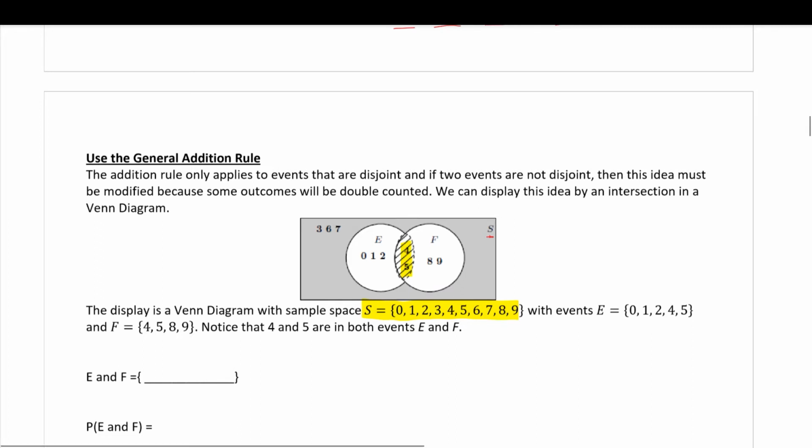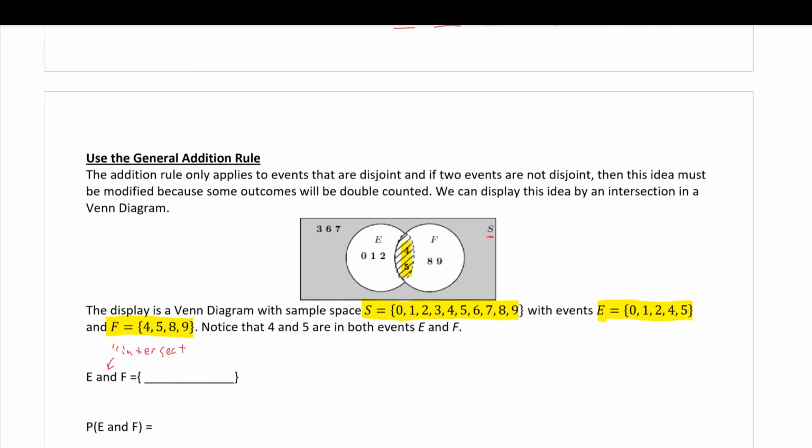So again, event E would be 0, 1, 2, also 4, 5. Event F would be 8, 9, also 4, 5. Notice that 4, 5 are in both E and F. So let's define this set of E and F. Anytime you see that word "and," you want to think to yourself, that's the intersection.